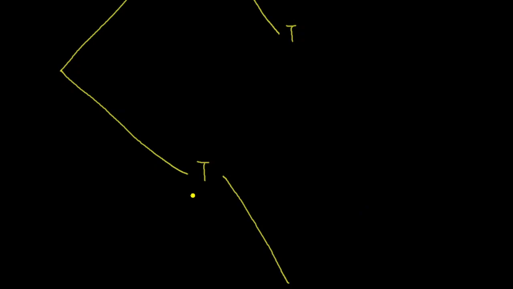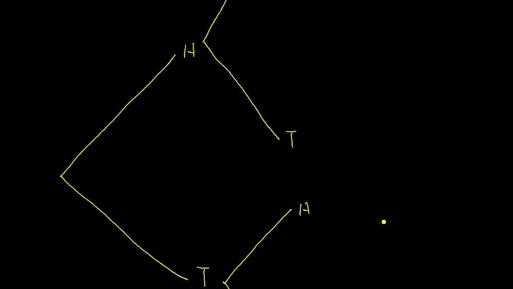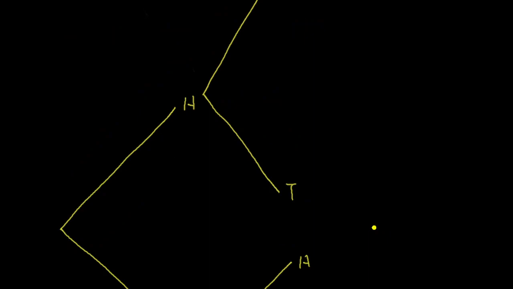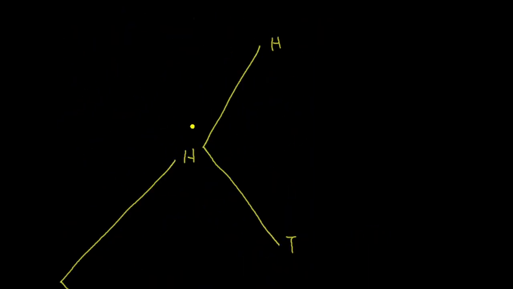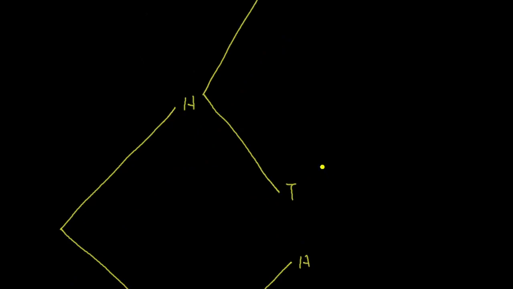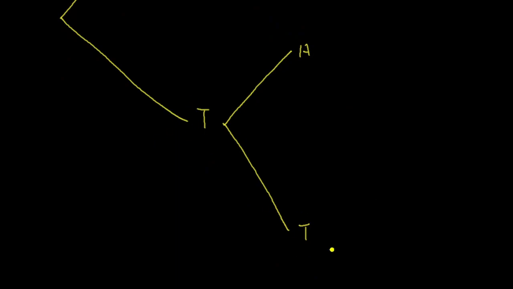Or the first time you get a tail, then you could also have two outcomes, a head or a tail again. So how many possible outcomes might you have right now? 4. It would be either head head, head tail, tail head, or tail tail.